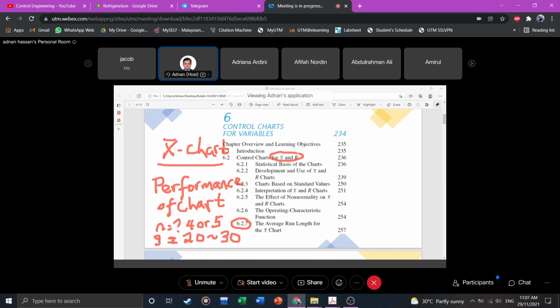It will be good if you have 30, but sometimes taking sample is expensive. So if you have subgroup number of 20, you already can plot it, you can plot a histogram to show the pattern.